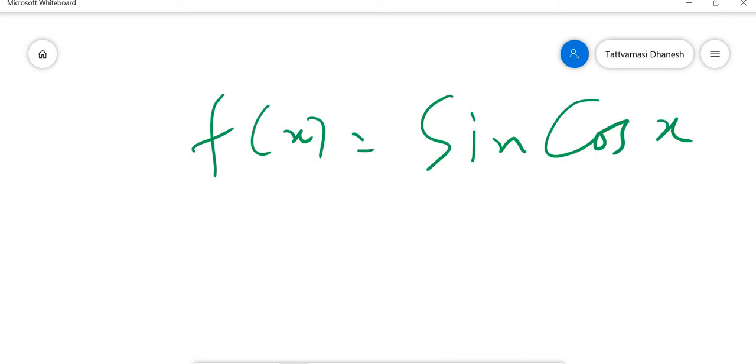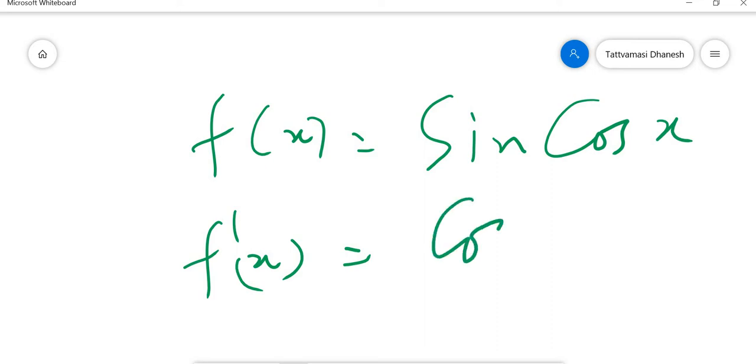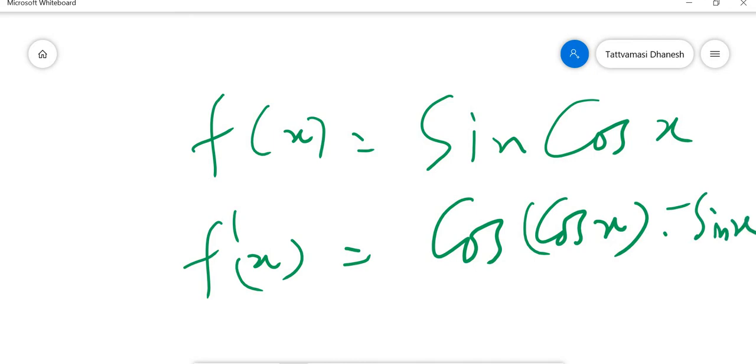As per our rule, f dash x: the derivative of sine is cos, so it would be cos of cos x. Then the second function, cos x, has derivative minus sine x. So this is the answer: f dash x is cos of cos x into minus sine x. That's the formula we stated: derivative of f of g of x is equal to f dash of g of x into g dash of x. The same formula only we are applying.